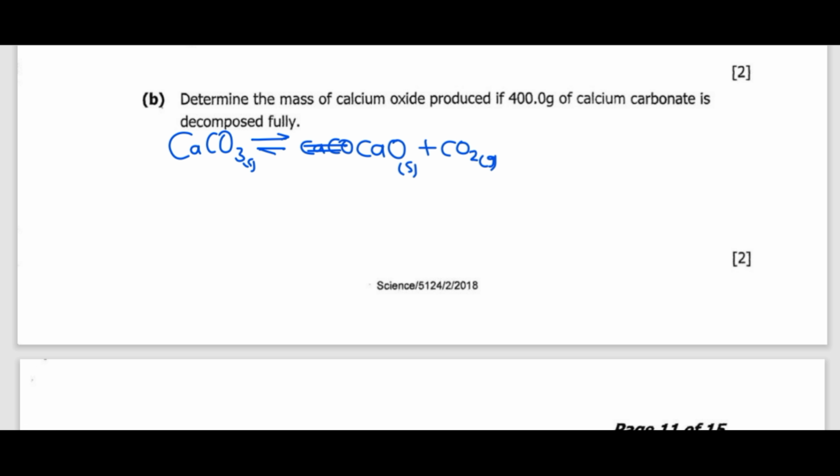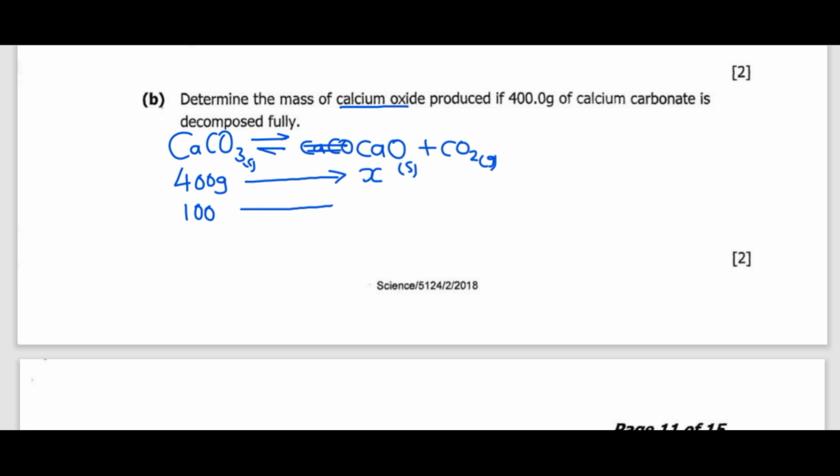We are given 400 grams, and this 400 grams is for calcium carbonate, so we'll write it here. Then we want the mass of calcium oxide. The mass for calcium oxide we don't have, so we put X. Then we need the relative formula mass for calcium carbonate. We have it already, so it's 100.